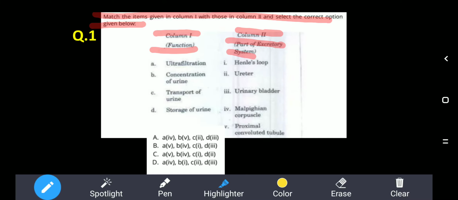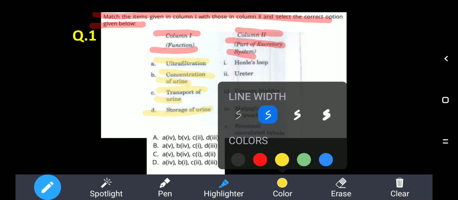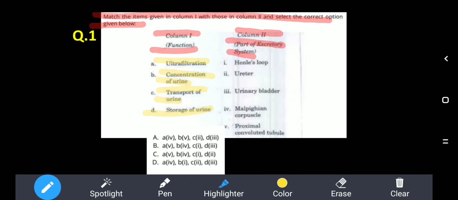In this, A is ultrafiltration, B is concentration of urine, C is transport of urine, D is storage of urine. In the other column, we have got the options: Henle's loop, ureter, urinary bladder, Malpighian corpuscle, proximal convoluted tubule.